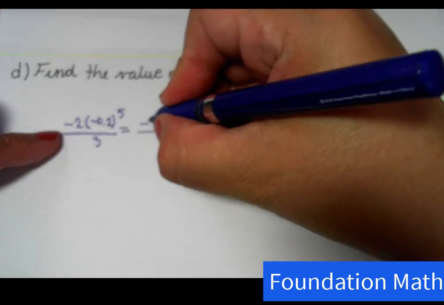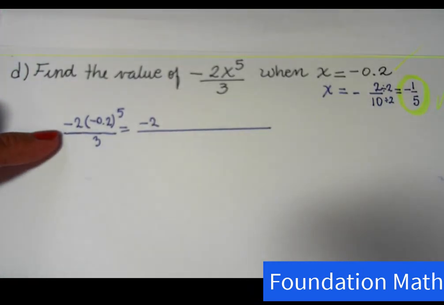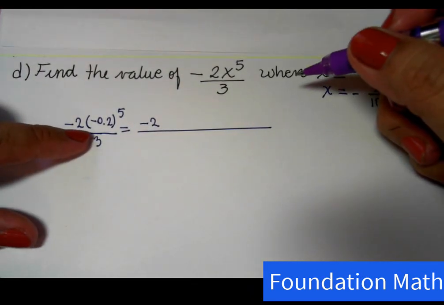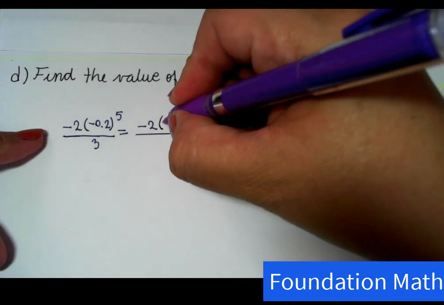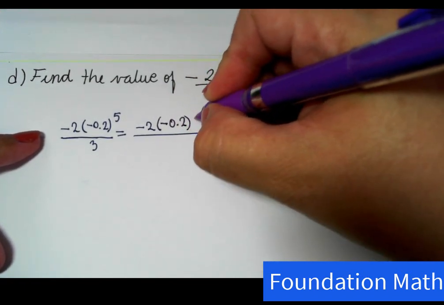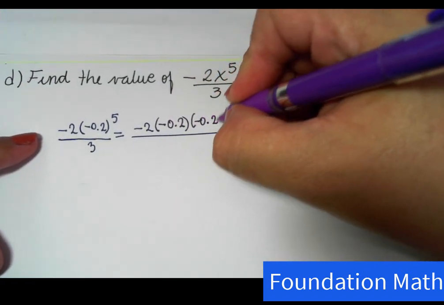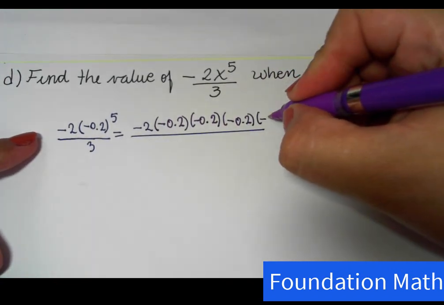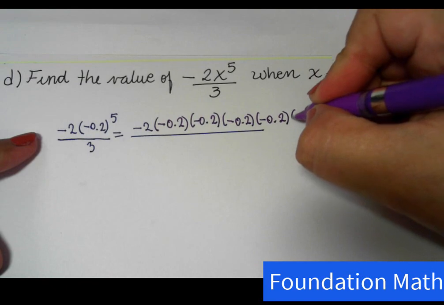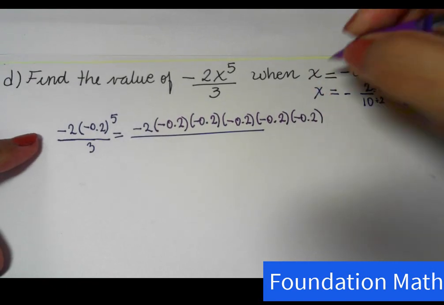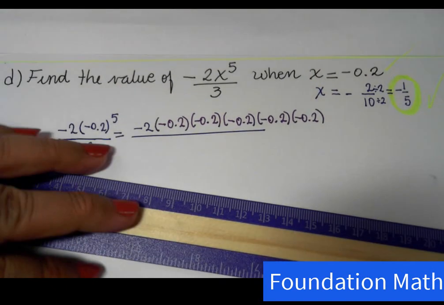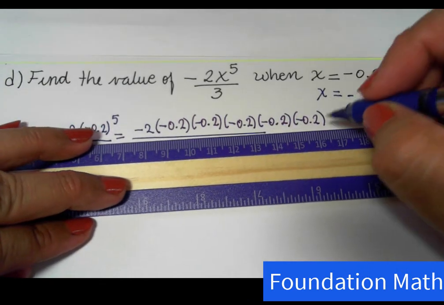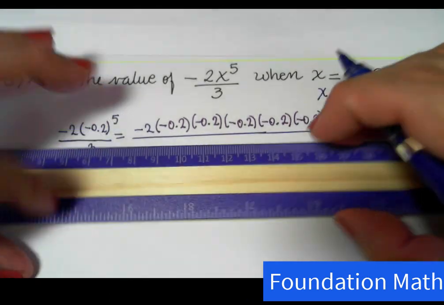Negative 2 times, now negative 0.2 with exponent 5 is 5 times the same: 0.2, 1, 2, 3, 4, 5. I need to extend the fraction line here, over 3.